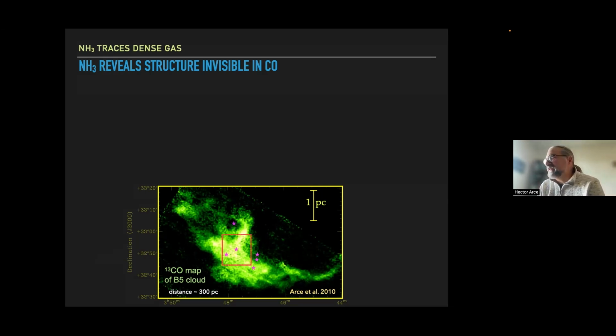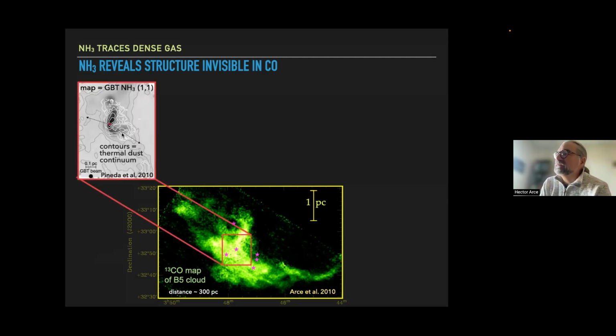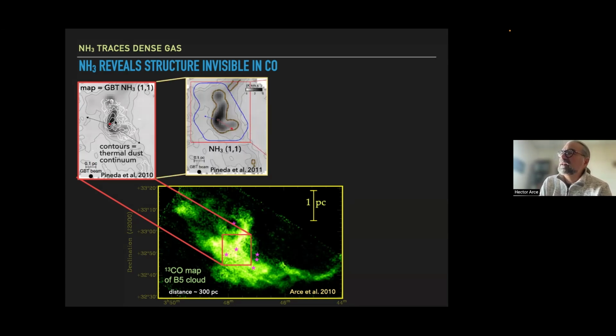But if you concentrate on this region around this protostar, and you take a look at the continuum emission from the dust, in the green here, you see this filamentary structure, a bent filament, which you don't see in 13CO at all. Now, if you look at it in ammonia, a high density tracer, mapped here in the grayscale, you can see it very clearly, and this is with low resolution observations with the GBT, the Green Bank Telescope.